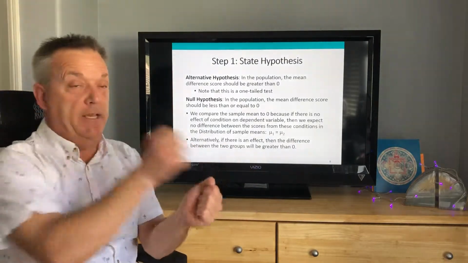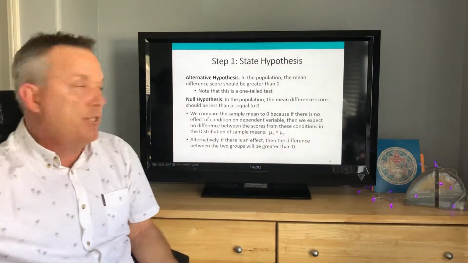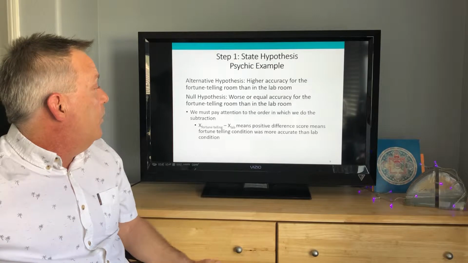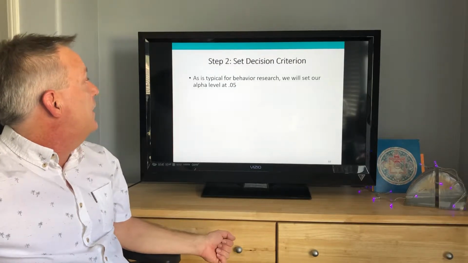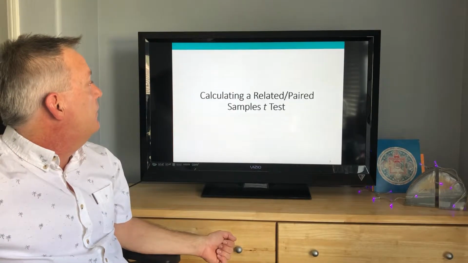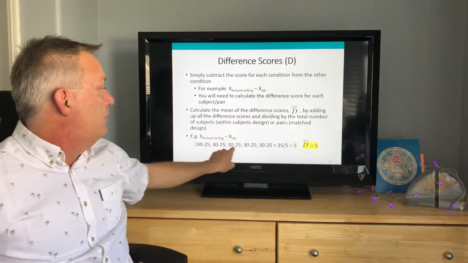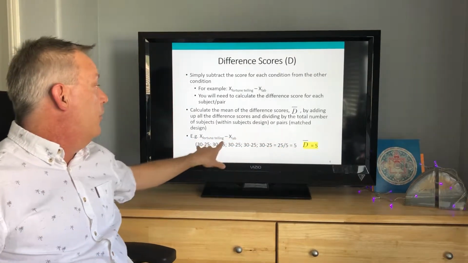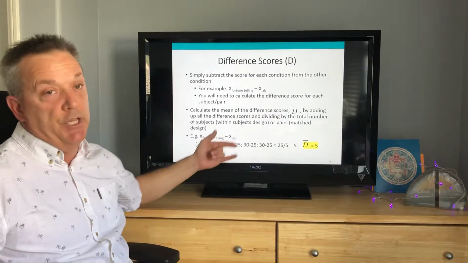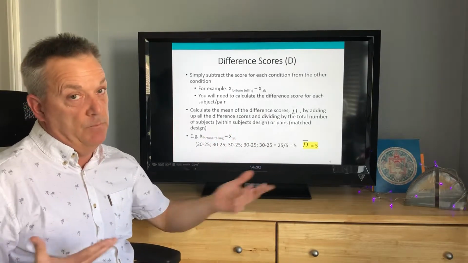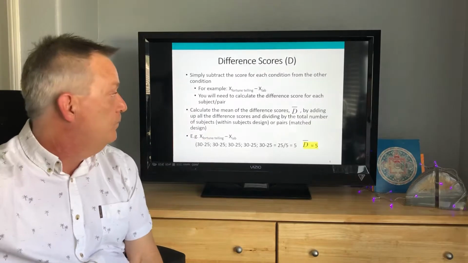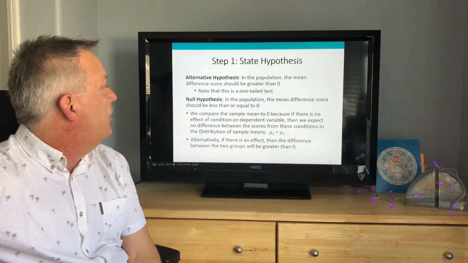We should have, like in the past example that I just gave, where there was ostensibly an effect. Right here, it was 5. And so the null hypothesis would be that they would just get 25, 25 each time. Same, no difference in terms of the environment.